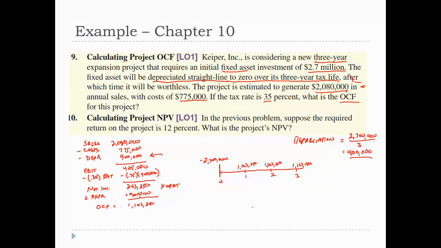So there's our timeline with cash flows. Finding the net present value could be just as simple as using a calculator or a spreadsheet. We can flip over to the spreadsheet and perform the calculations like this.